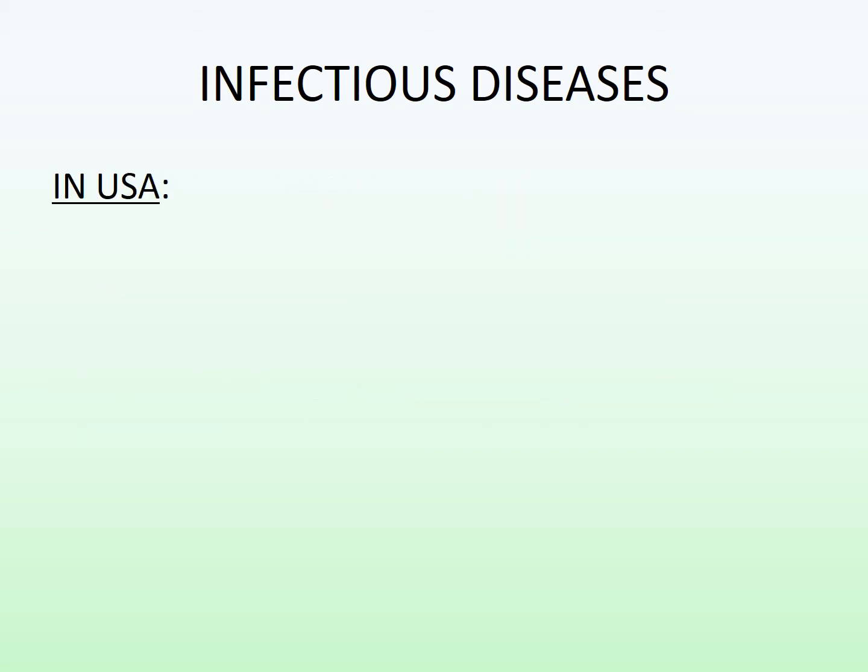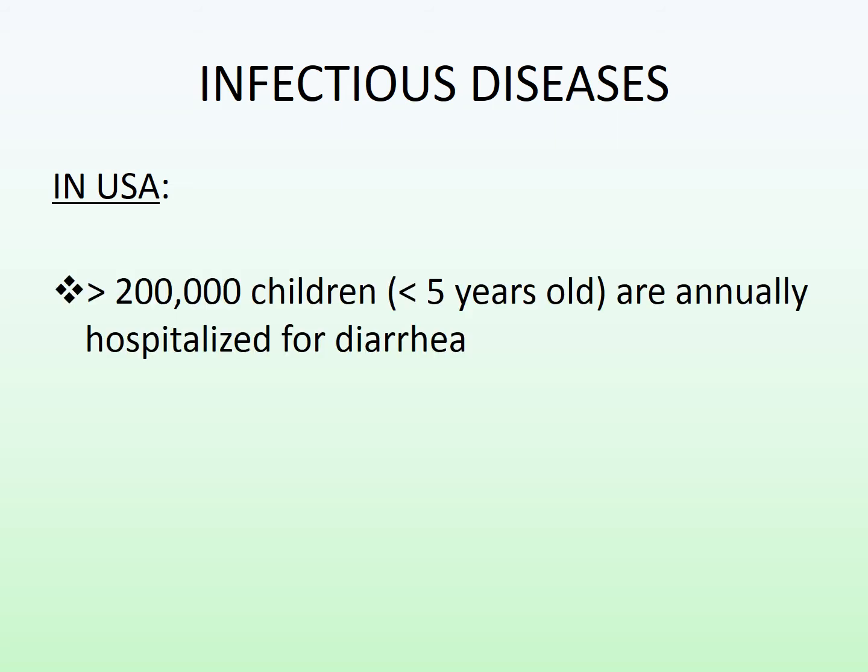If we look at the United States, we still have problems with microbes. Still, today, over 200,000 children that are less than 5 years old are annually hospitalized for diarrhea, and a lot of this diarrhea is due to bacteria in drinking water.